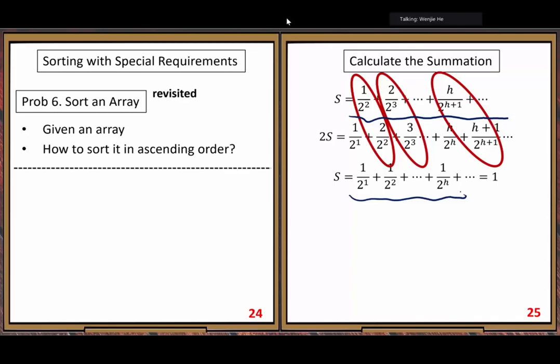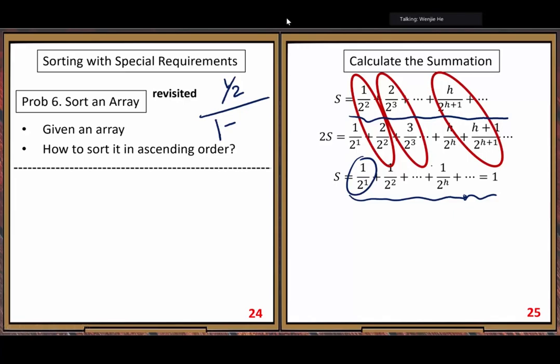Then we know it's a geometric series, right? So this is a geometric series, and we have a formula to calculate the summation of an infinite series. The formula is the first term, 1/2, over 1 minus the common ratio.